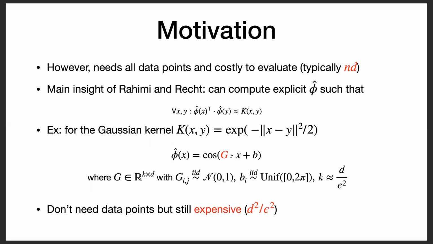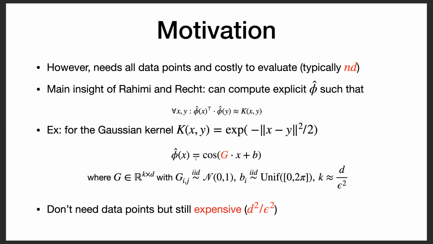The transformation simply multiplies your input point x by the Gaussian matrix G, and you add a random offset between 0 and 2 pi. Once you compute this affine transformation, you take the element-wise cosine of the resultant vector. What you can show is that if you generate your randomized mapping in this way, an inner product between phi hat x and phi hat y is going to roughly correspond to the Gaussian kernel.